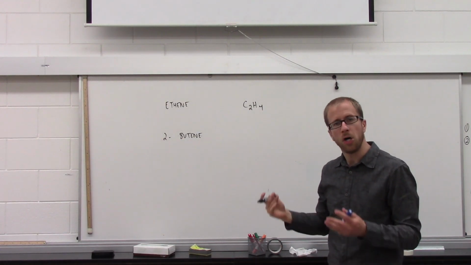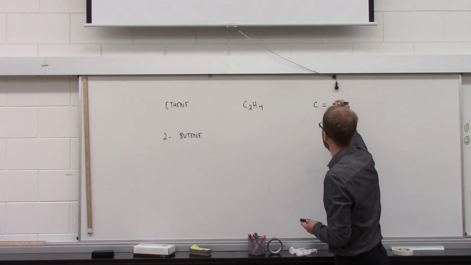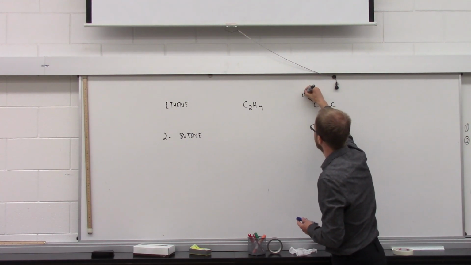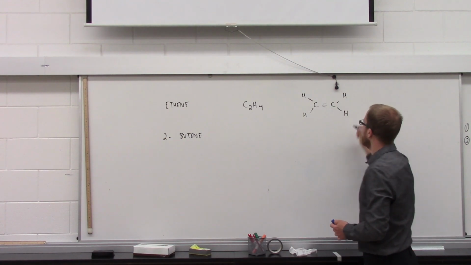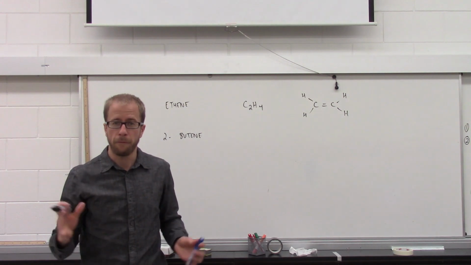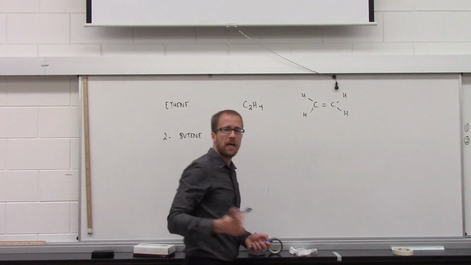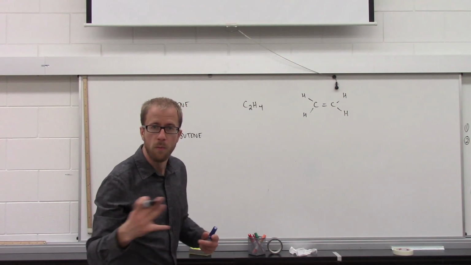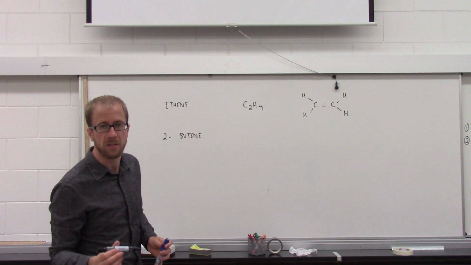And what does our structure look like? Well, that's going to be C double bond C, H, H, H, H. Remember, you still want to ensure that all of your carbons have 4 bonds, but this bond is making it unsaturated. Right? We're removing 2 hydrogens. There's less than the maximum number of hydrogens possible.